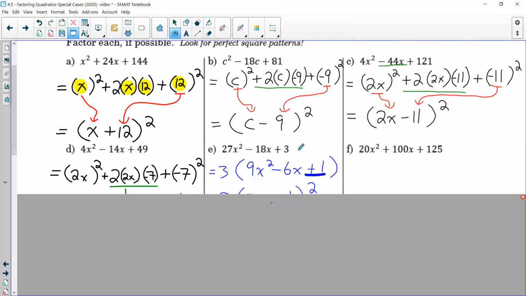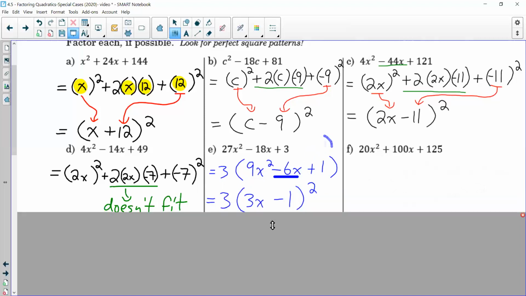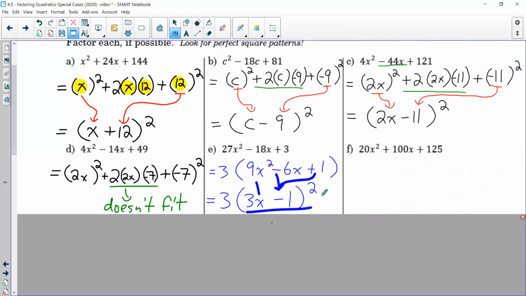Now, we have 3x times negative 1. That gives us negative 3x. If we double it, you do get negative 6x. So it does fit the perfect square pattern. So even though I didn't write it out, this fits the pattern that we're looking for. And we get a binomial squared.